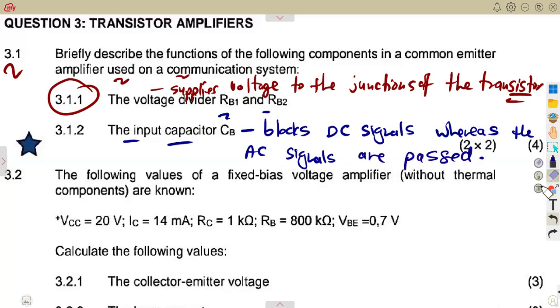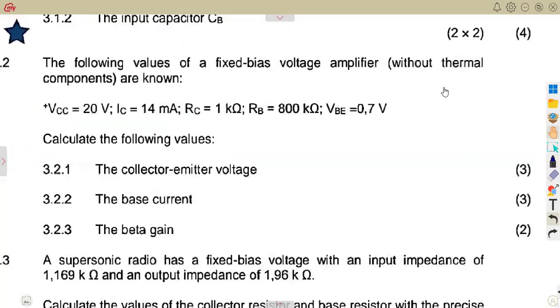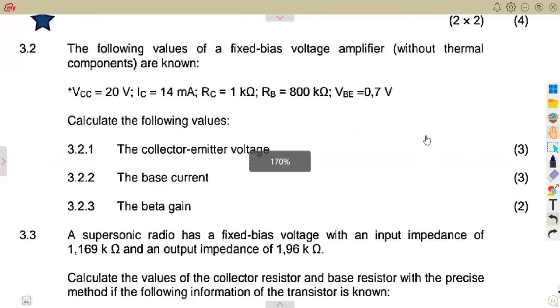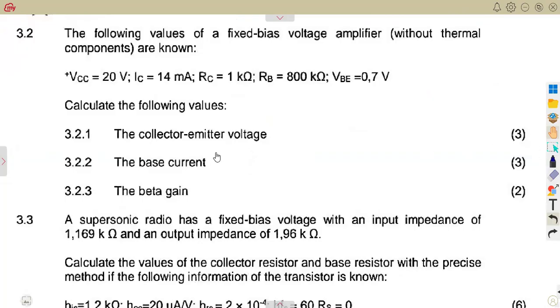So that is the major part. For 4 marks, 2 marks for each, I think it was fine, guys, for you to have those 4 marks with this simple explanation.